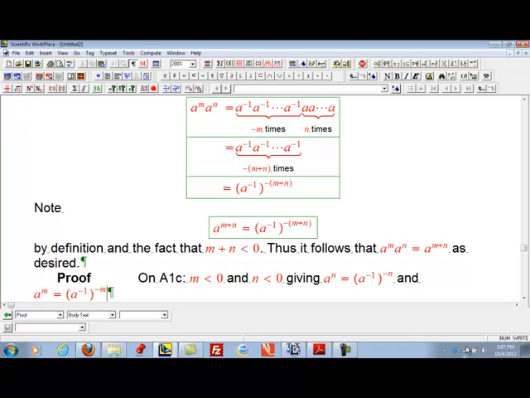You can apply the rules that they already proved in the book. They proved them when they're both positive. And you're going to get this right here.